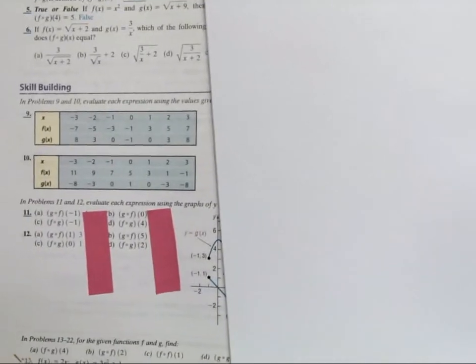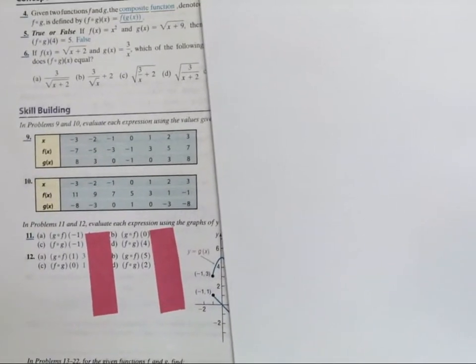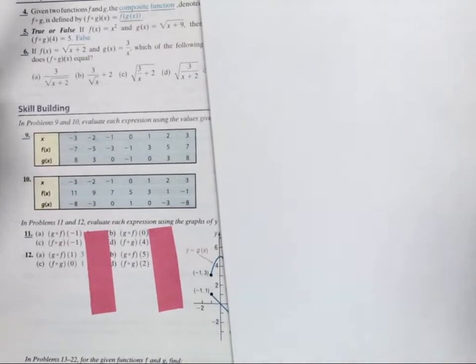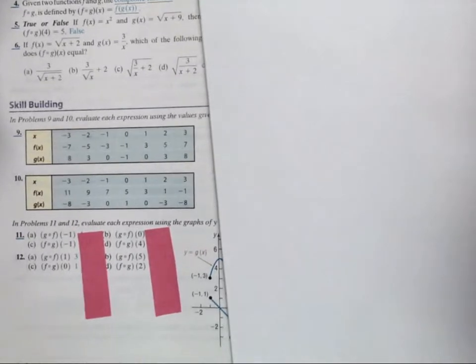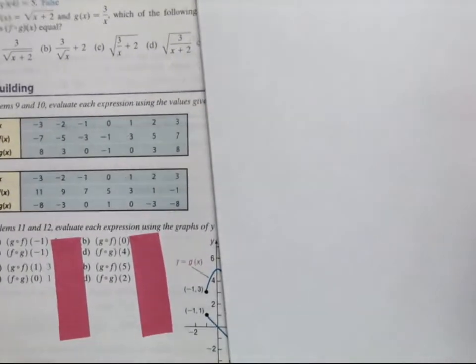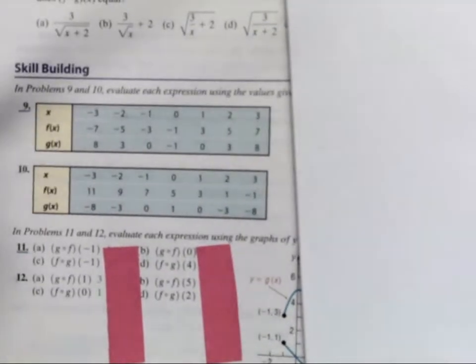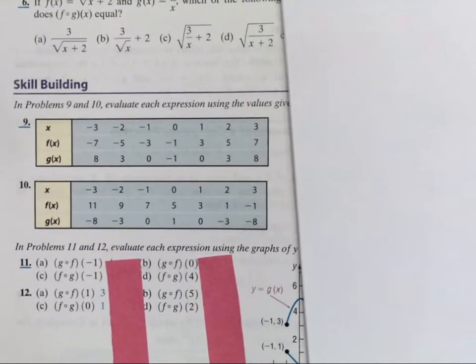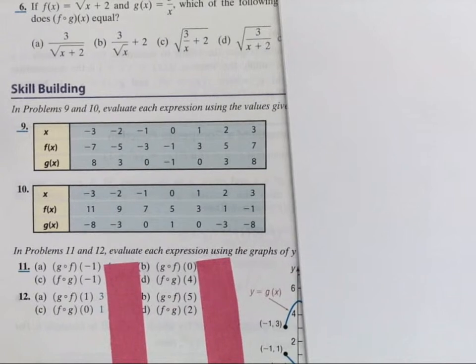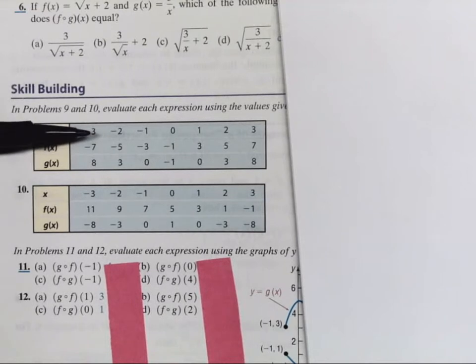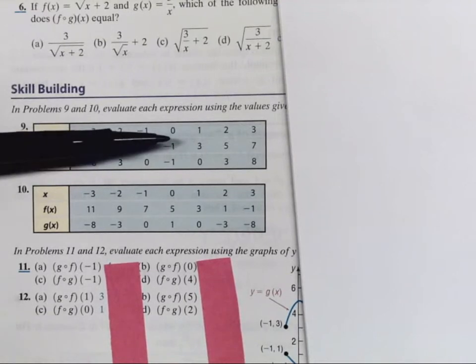So let me pull this textbook over here and hopefully I can make it so you can see it. I want to look at number 9. Let me try and zoom in. I'll try and focus. So number 9, it looks like a table. The first row says x, so these are values of x: minus 3, minus 2, minus 1, 0.